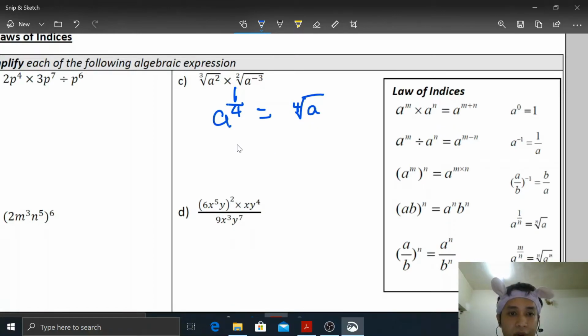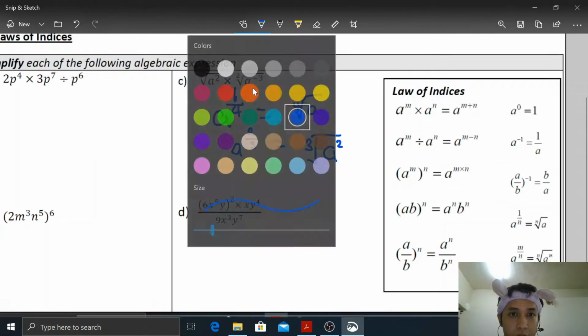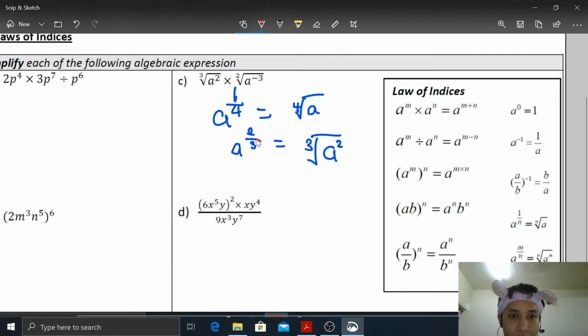So let's say if I have 2 over 3, how can I write it in the surd form? So the surd form will be the square root of a to the power of 3. The bottom one will always go to the outside, whereas the top part will become the power of the variable.